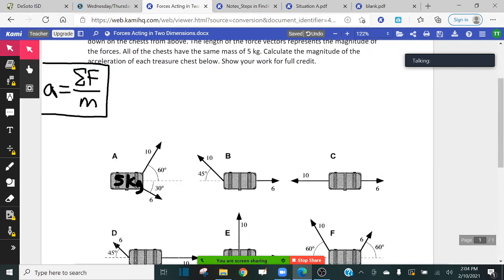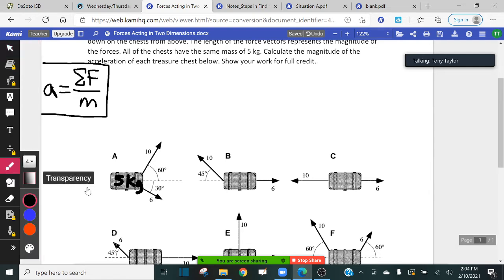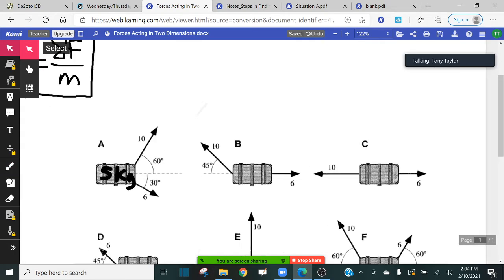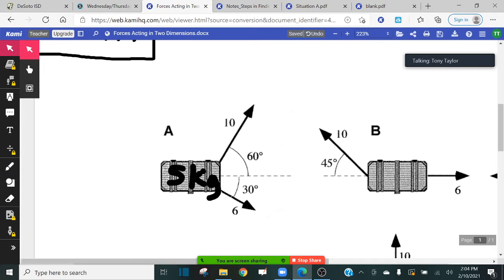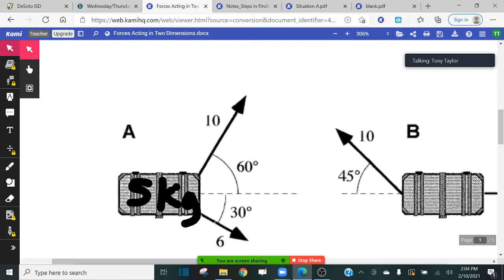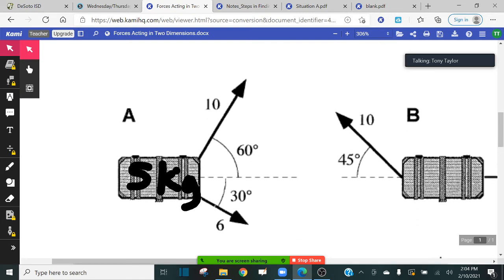Now, if we want to know the acceleration of treasure chest A, basically just the sum of the forces divided by the mass would give me acceleration. However, guys, look at these forces here. Notice this situation is slightly more complicated compared to the free body diagrams that we worked on in the past.